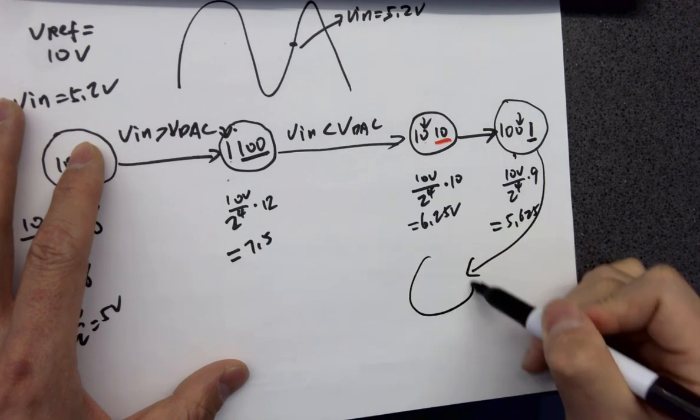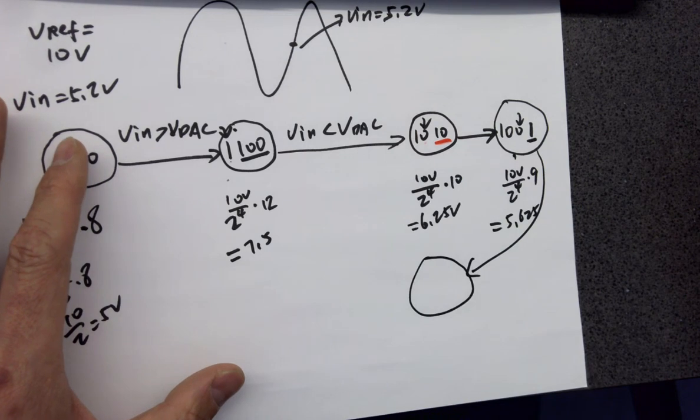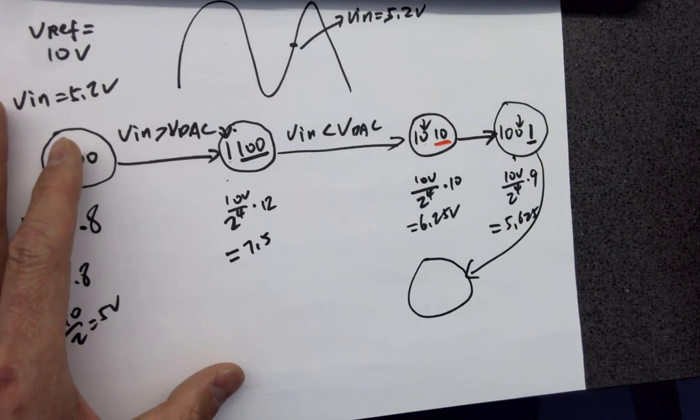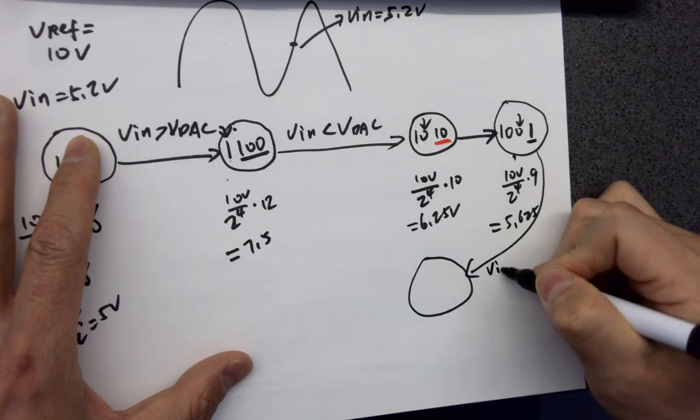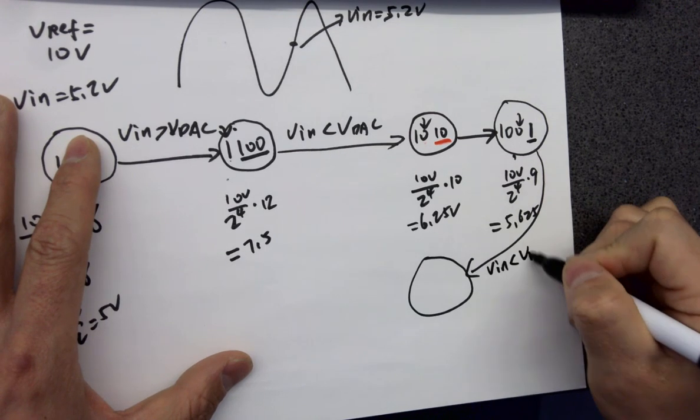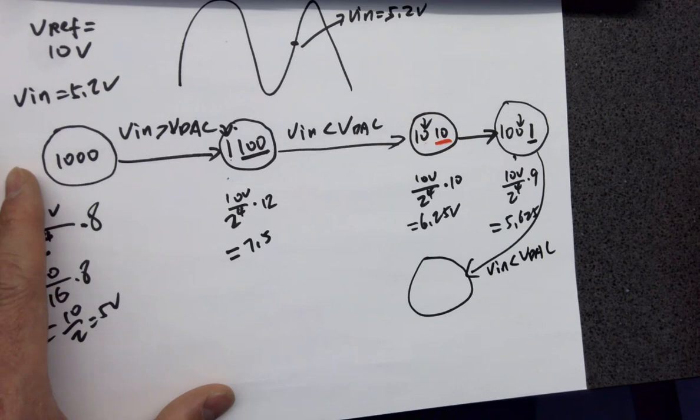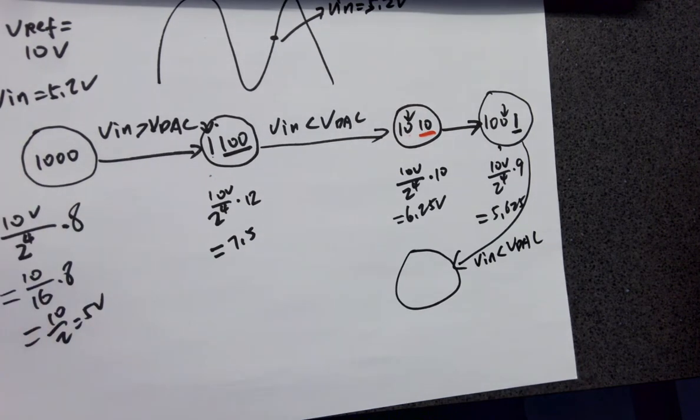Okay. Let me know what the digital number is. So V in is smaller than VDAC again. So what's the code output from the SAR?